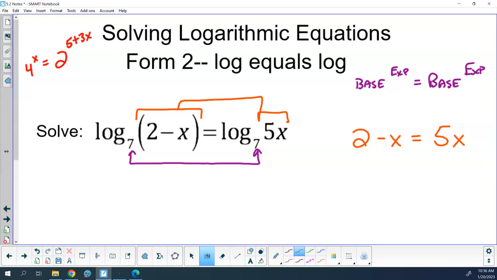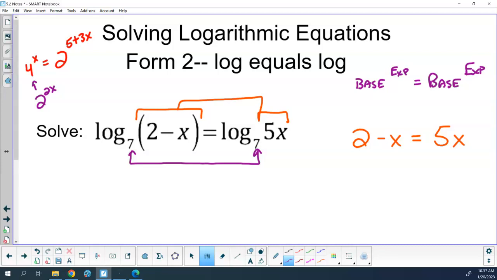Those aren't the same bases. But 4 can be written as 2 squared, which means that would be 2 to the 2x power. And now they're in the same base. In logs, it's got to be given to you with the same base, because we can't manipulate a log like that.